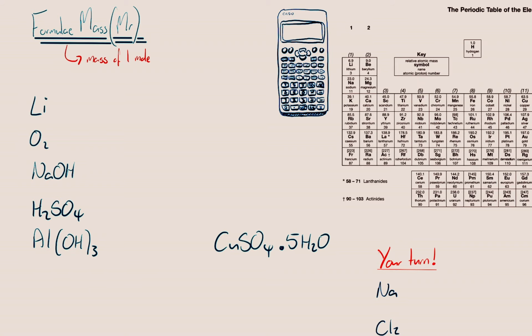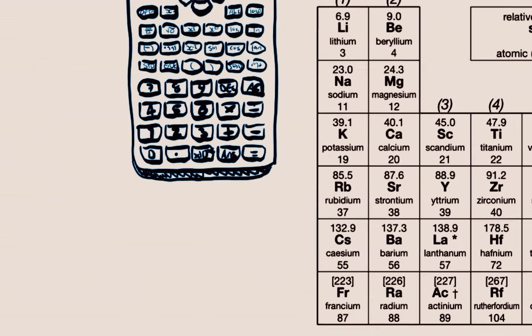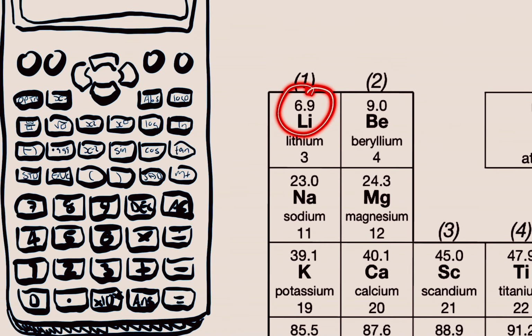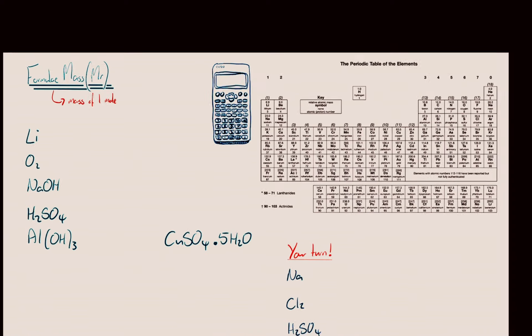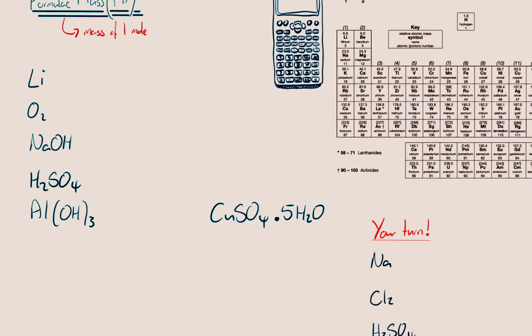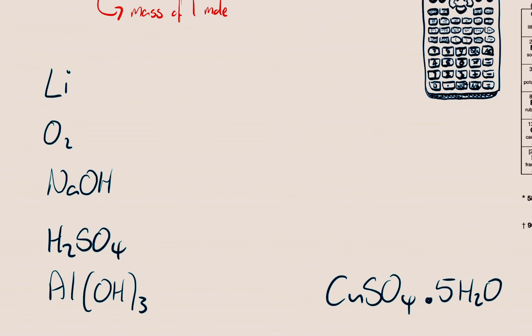So periodic table, if we take lithium first of all, we've got the big number there, our relative atomic mass, which is 6.9. The way I like to set this out, the way you should be thinking about it, is we're putting the number of our atoms here, which is 1. We've only got 1 lithium here.